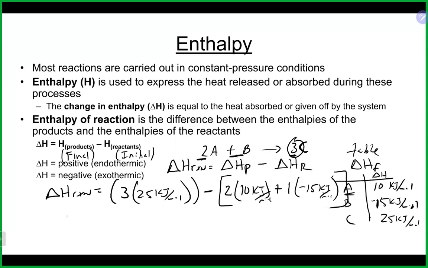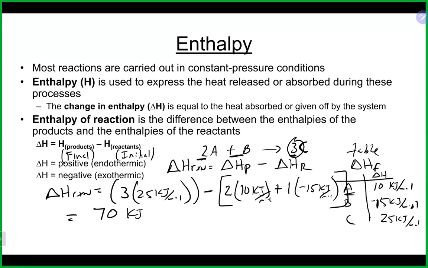reactant side. And if we do that here, in my made up example, we will end up with 3 times 25 minus 2 times 10 plus minus 15, going to get us a 70, it looks like, perhaps in this case. And that is going to get us here 70 kilojoules.